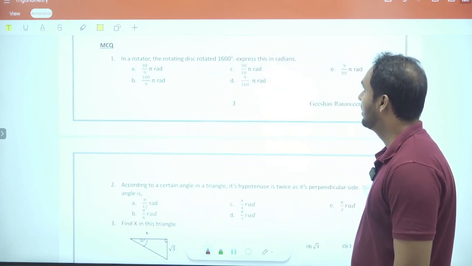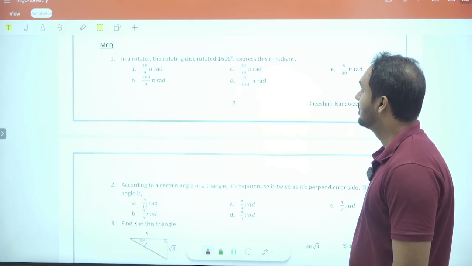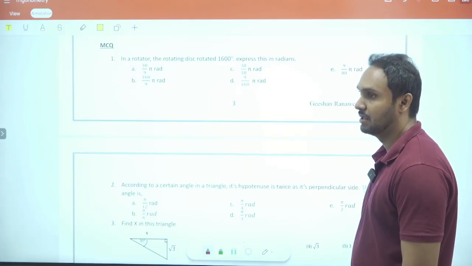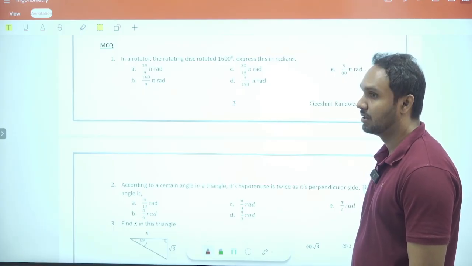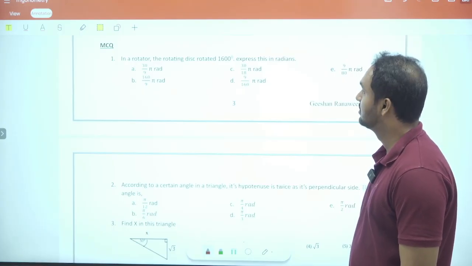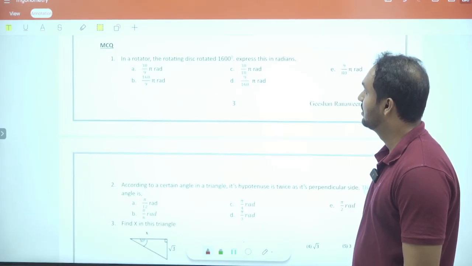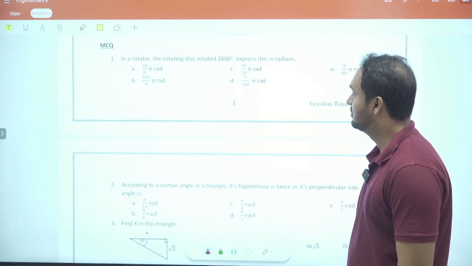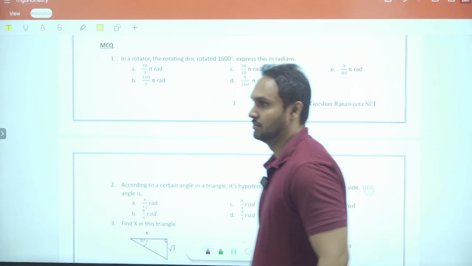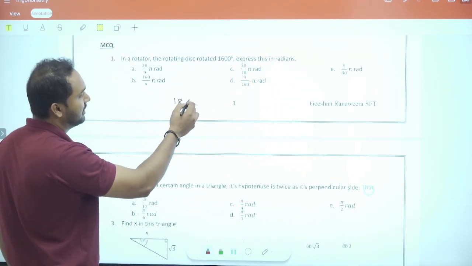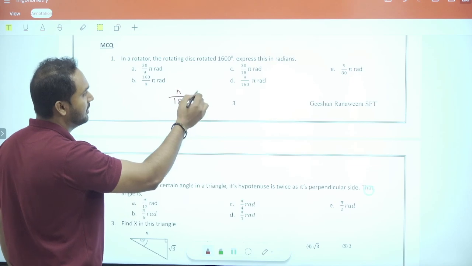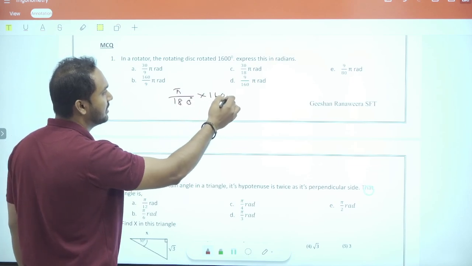180 is pi. You have to divide 1600 by 180. How much do you get? So 180 degrees is pi. You have to find how much 1600 is.